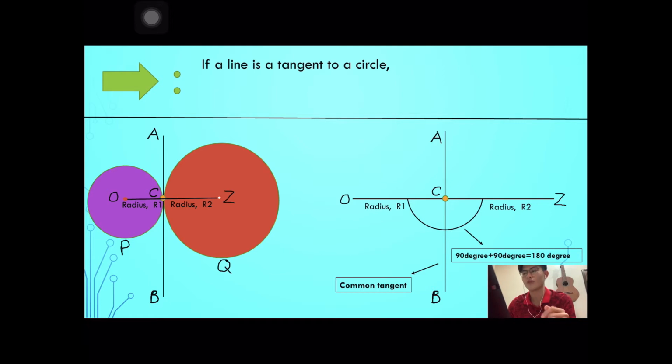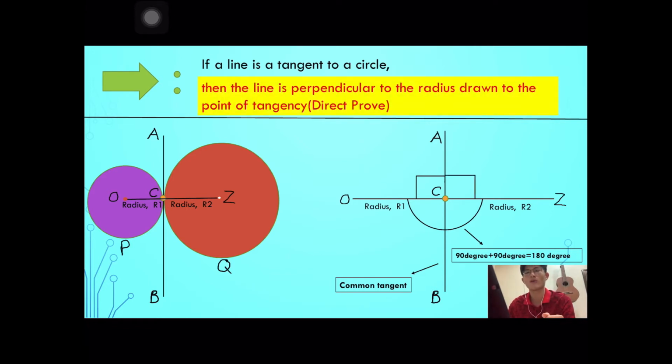And with that, we can prove that this radius R1 from circle P is 90 degrees to the line AB, and this goes the same with the radius of circle Q. And with this, we have proven that the line is perpendicular to the radius drawn to the point of tangency with direct proving method.